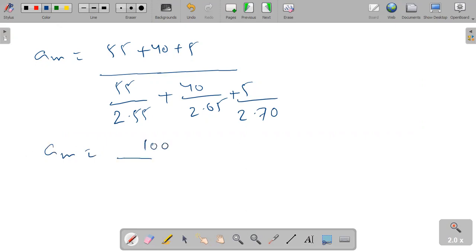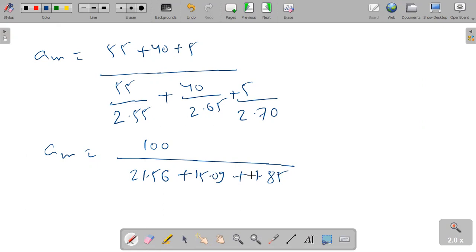If we calculate all of these, 55 plus 40 is 95, plus 5 is equal to 100. 55 divided by 2.55 is equal to 21.56, plus 40 divided by 2.65 is equal to 15.09, plus 5 divided by 2.70 we get 1.85.